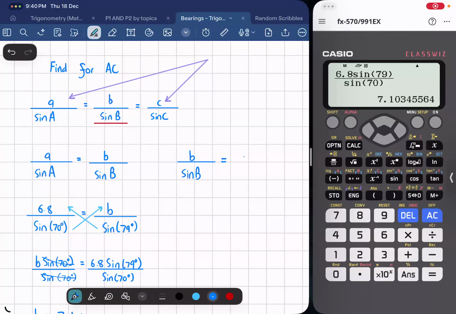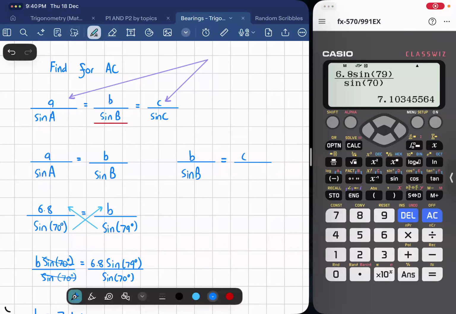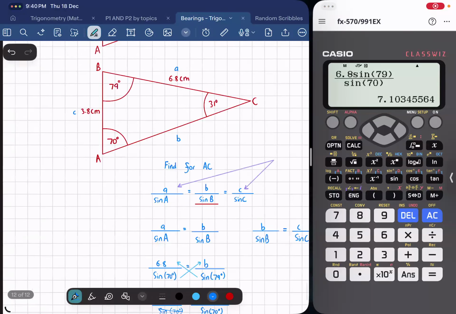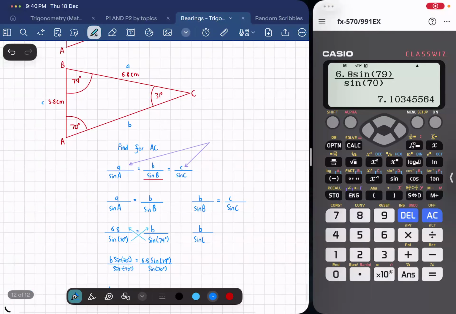Do you trust the maths? I guess. All right, let's see. We know that we're trying to find B, so I'm going to leave B blank. Angle B was 79, right?